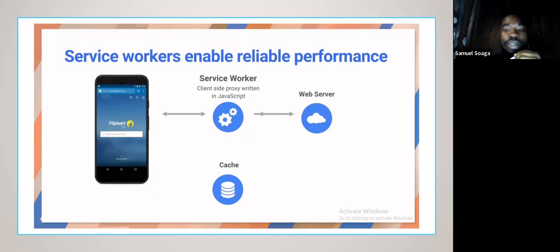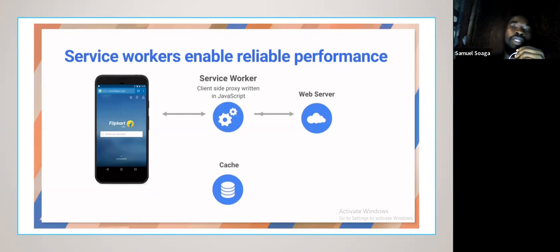Then the service worker is responsible for offline access. It caches data. So even when there is no network, with the code written in the service worker you are still able to use your web application.